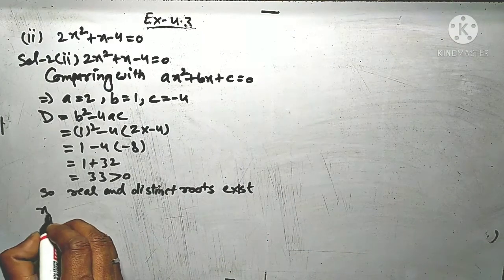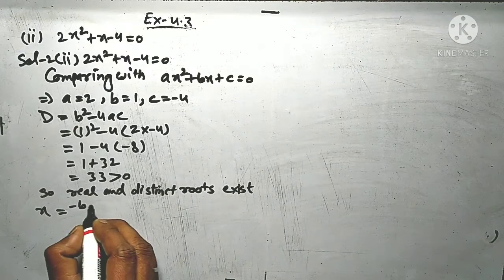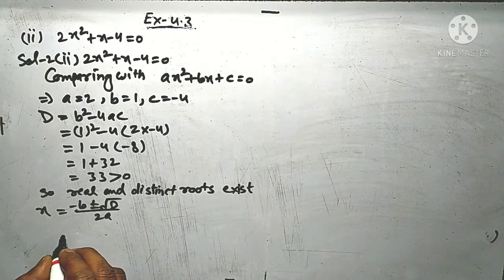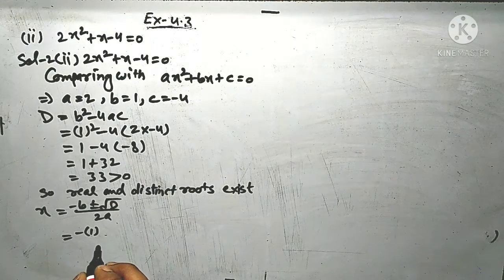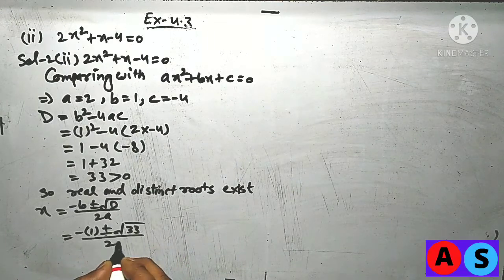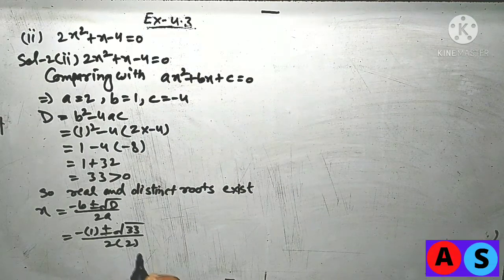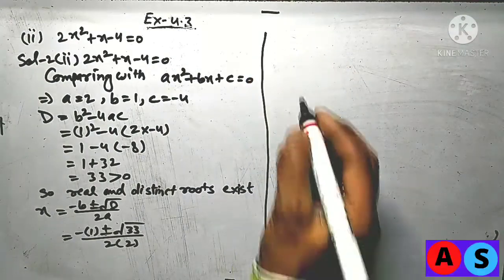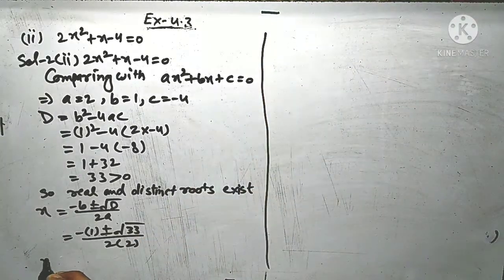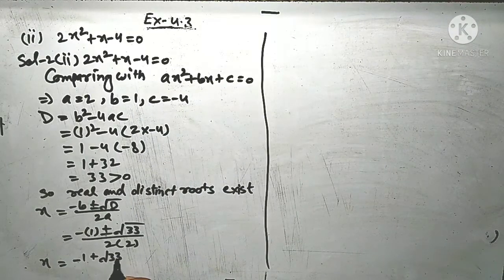So roots is given by x is equal to minus b plus minus under root capital D over 2a is equal to minus bracket 1 plus minus under root 33 over 2 bracket 2. x is equal to minus 1 plus minus under root 33 over 4.